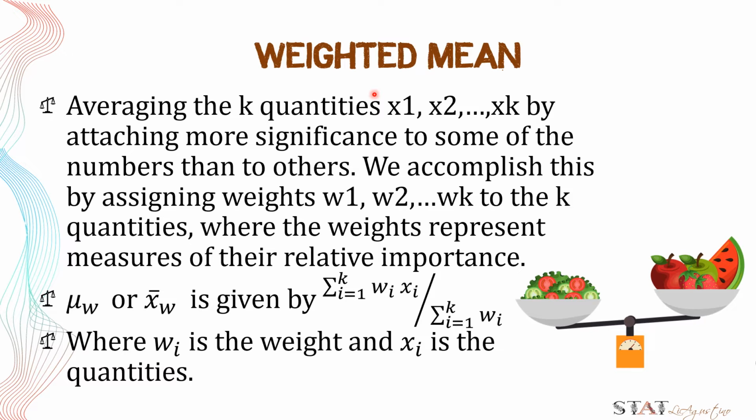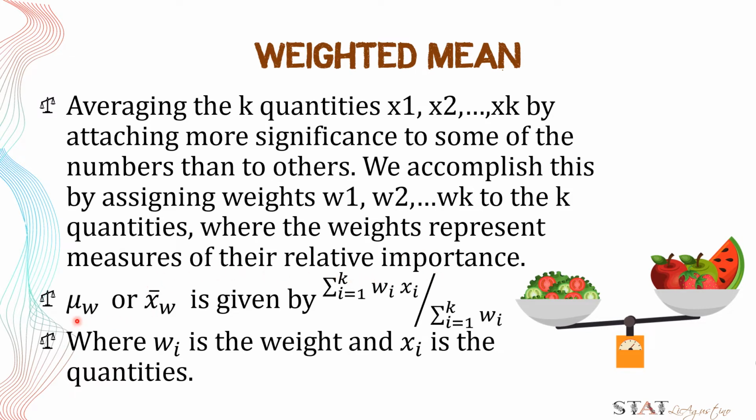So we use this weighted mean. So what is this? Let's define. Averaging the k quantities x1, x2 until xk by attaching more significance to some of the numbers than to others. We accomplish this by assigning weights, w1, w2, until wk to the k quantities, where the weights represent measures of their relative importance.